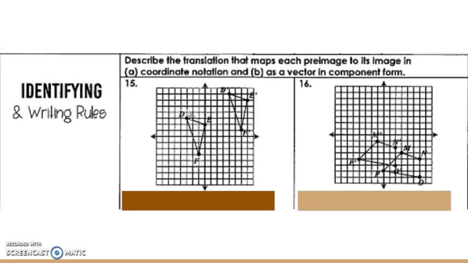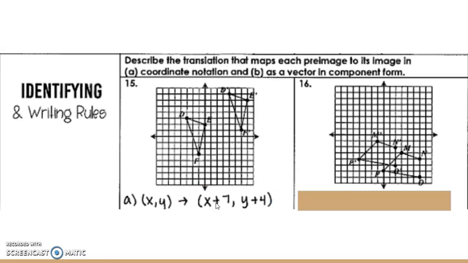So going to the right is 1, 2, 3, 4, 5, 6, 7. So that means I'm going right 7, and I'm going up 1, 2, 3, 4. When I write that out as my rule, I'm going to say x comma y for our ordered pair. The arrow means I'm changing it to my translation. So I'm adding 7 since I'm going to the right, and I'm adding 4 since I'm going up.